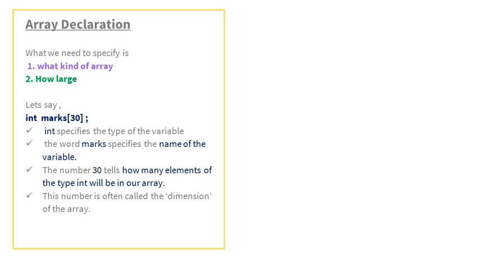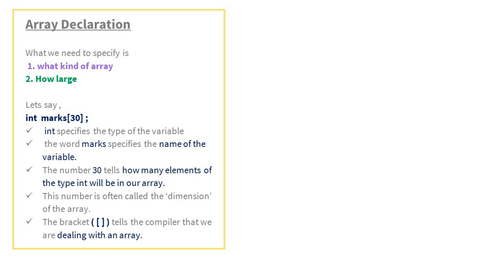If you are storing 100 marks of students, then marks is the proper name of the array that you are defining. Now one thing that is important is the bracket, which tells the compiler that you are dealing with an array. So this bracket is very important whenever you deal with an array. So this is how it is.